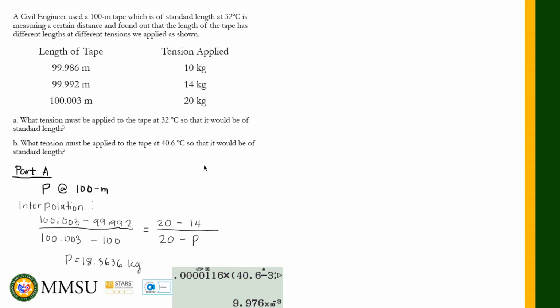To do that, we need to apply a correction. We need to solve for the correction due to temperature. The correction due to temperature, C sub T, is equal to alpha times change in T times L. Since the problem doesn't say, we use alpha equals 0.0000116 per degree Celsius, which is the standard for steel tape.